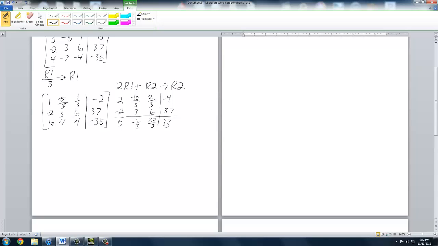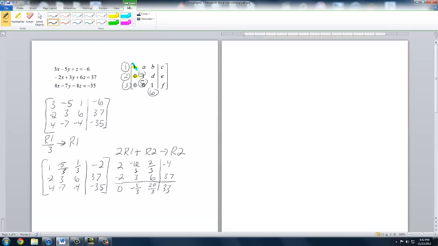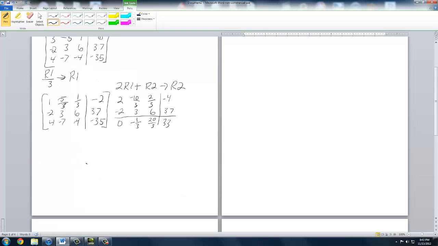Okay, now for row 3, we have that one done. So then we're going to do this one. We're going to make this 4 into a 0. How we do that is we're going to take the first row times negative 4 and add it to this row, because negative 4 times 1 is negative 4 plus 4 is 0.